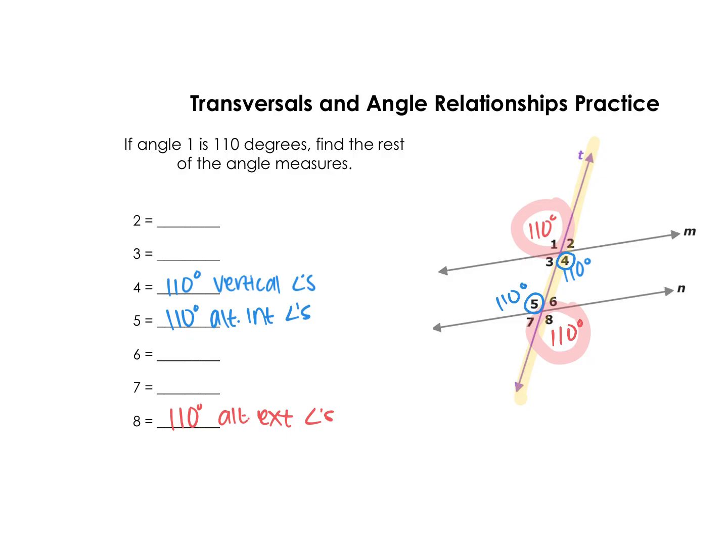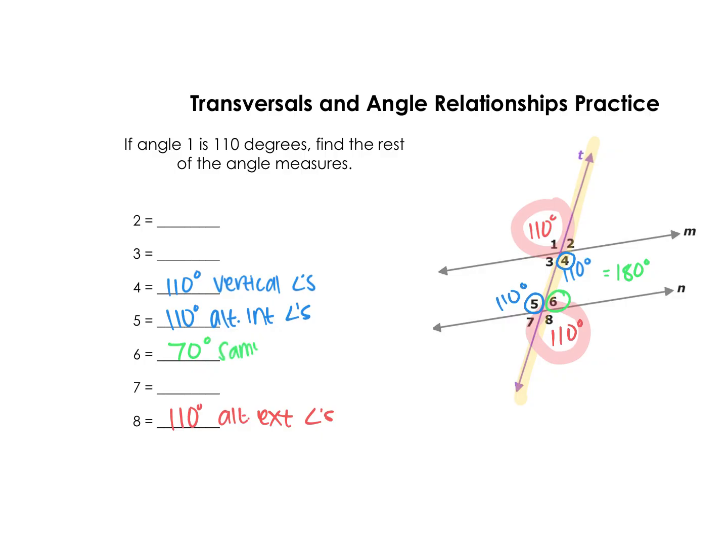Now I'm going to challenge us to think about the consecutive or same side interior or same side exterior. So we can think about these ideas because we could say that 4 and 6 have a relationship. 4 and 6 are same side interior angles, and these ones always add up to 180 degrees. They're supplementary. So that tells me I could do 180 minus 110 to get 70 degrees for angle 6.